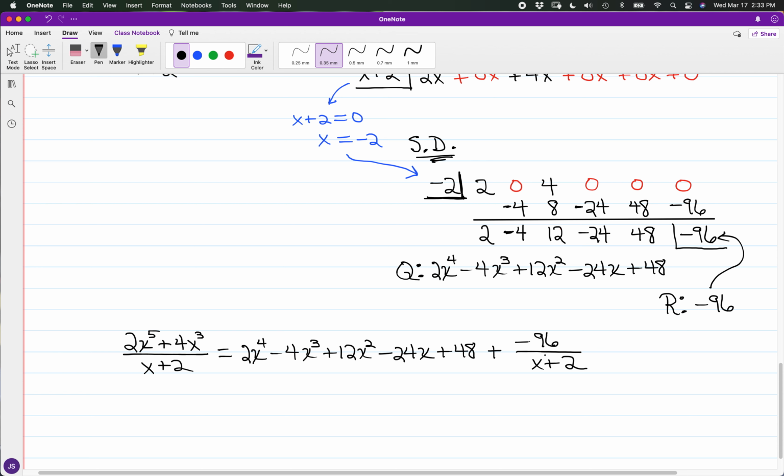Another case of an expanded form, and this is the notation that I know Alex is big on, especially separating the quotient and the remainder over the divisor.